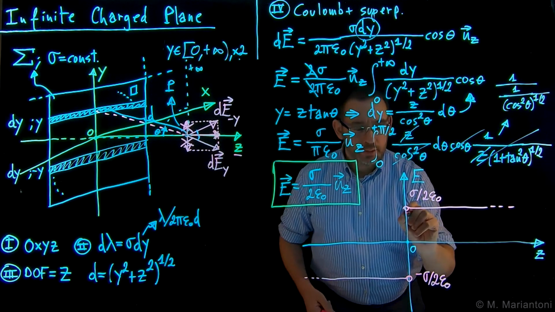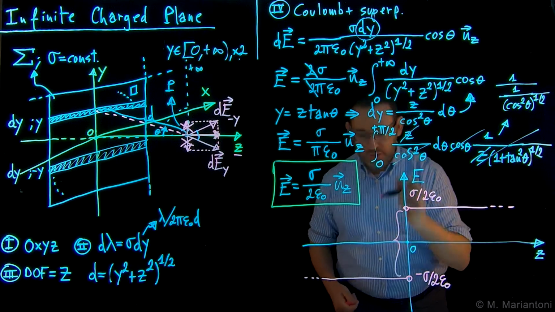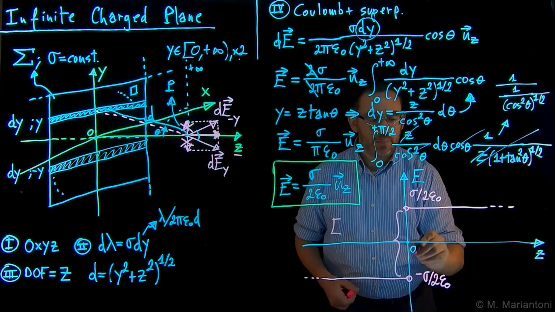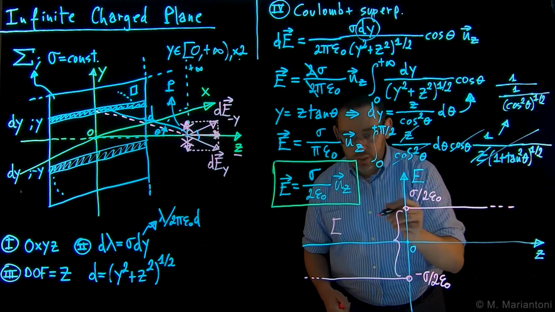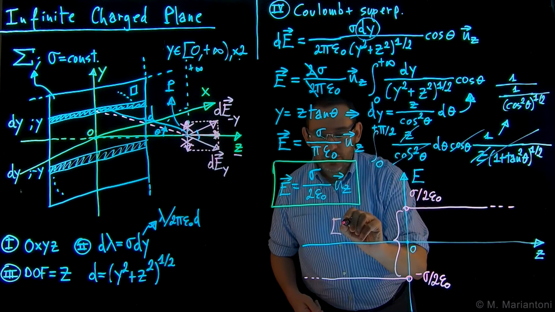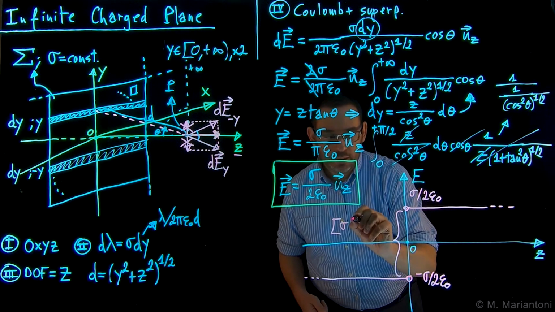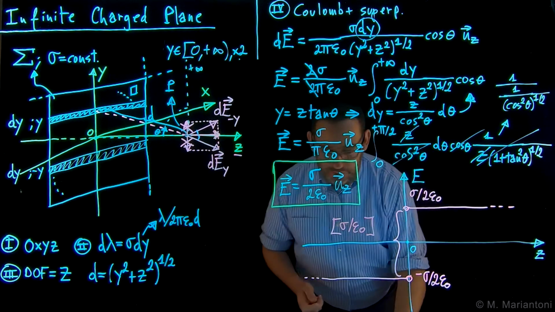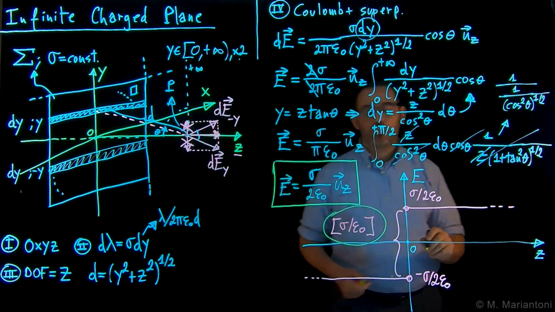And note that in this region, we have a discontinuity of the first kind, the amplitude of which is sigma over 2 epsilon naught minus minus sigma over 2 epsilon naught, which is 2 times sigma over 2 epsilon naught. And so the discontinuity is sigma divided by epsilon naught. Why is it a very important result?